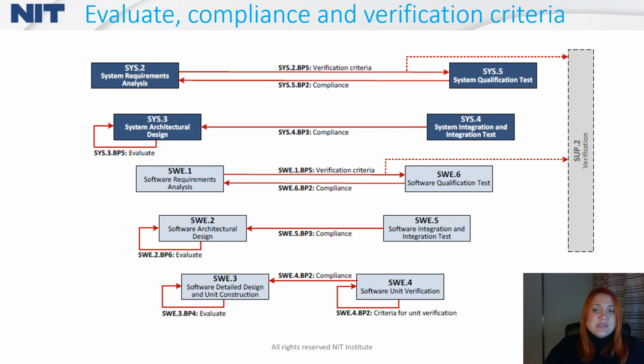The evaluation results, including the rationale for the architecture design selection, have to be recorded. Then compliance with an architectural design means that the specific integration tests are capable of proving that interfaces and relevant interactions between the software units, the software items, and system items fulfill the specification given by the architectural design.